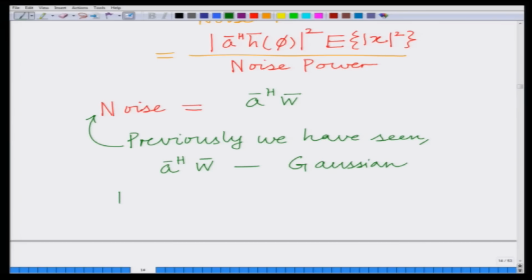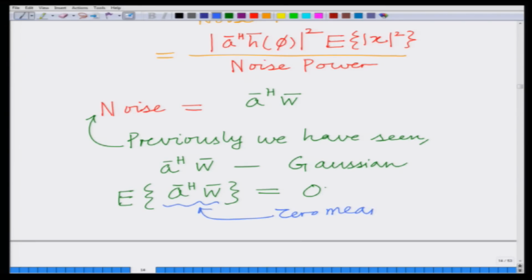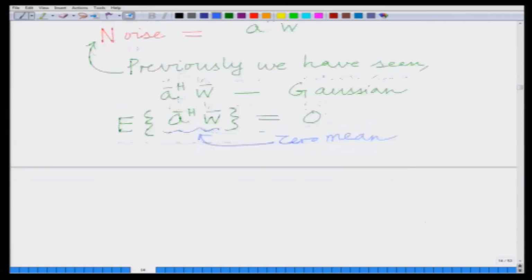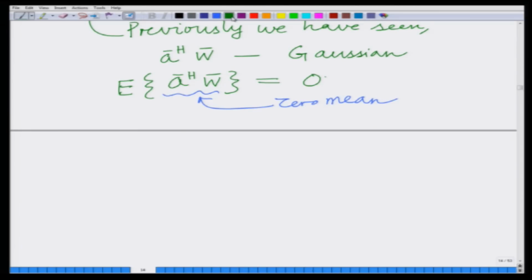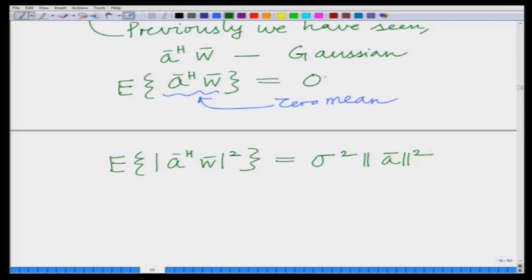So, expected value of A bar Hermitian W bar is equal to 0. This is 0 mean noise. Further, the noise variance or the resulting noise power, magnitude of A bar Hermitian W bar, is equal to sigma square times norm of A bar square.